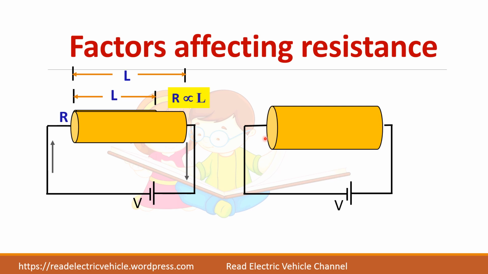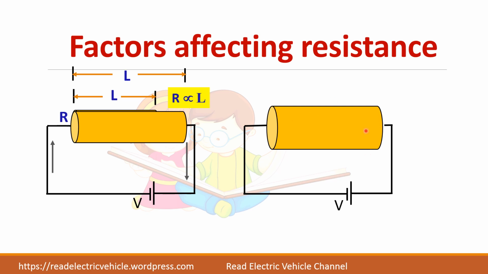Next, let us see the next parameter, which is the area. You see, compared to this, the area of this copper strip has increased. As the diameter has increased, area increases. So when area increases, you have more space for the electrons to flow.